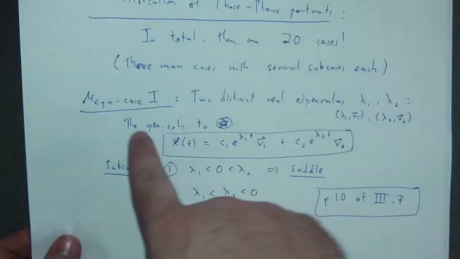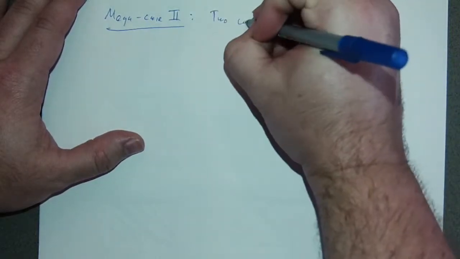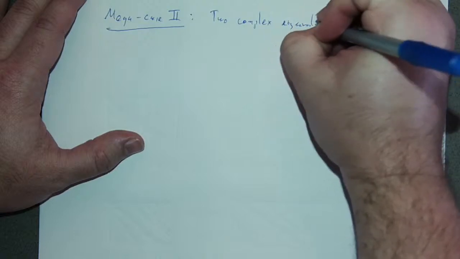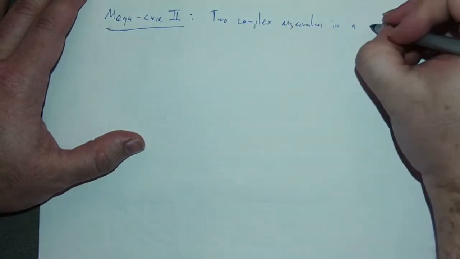Okay. Now, this is bringing us to mega case 2. So mega case 1 was 2 distinct real eigenvalues. Mega case 2 is 2 complex eigenvalues in a conjugate pair.